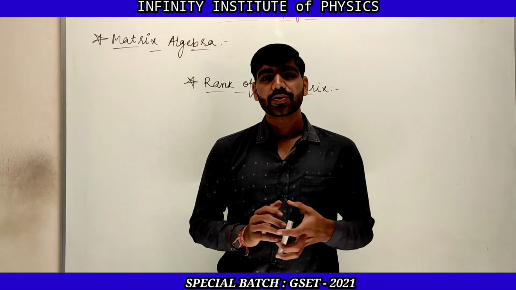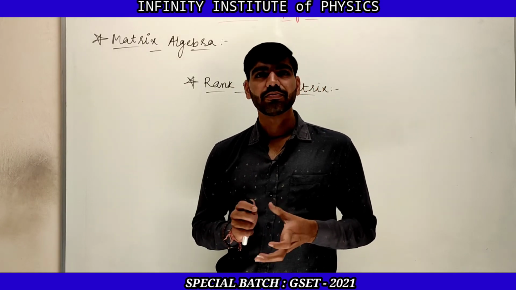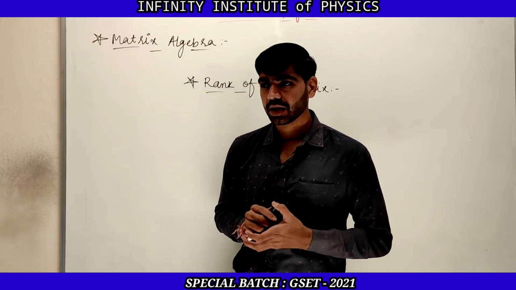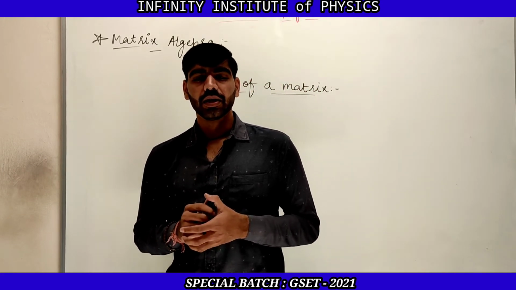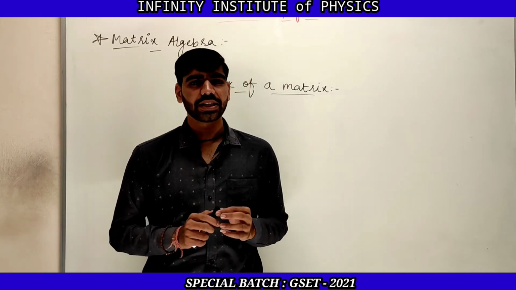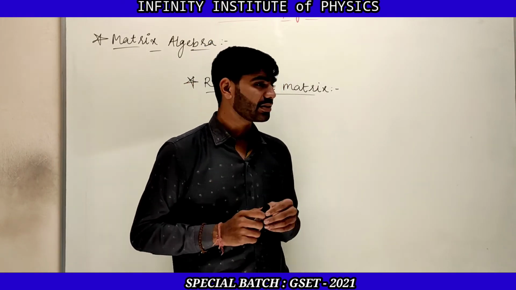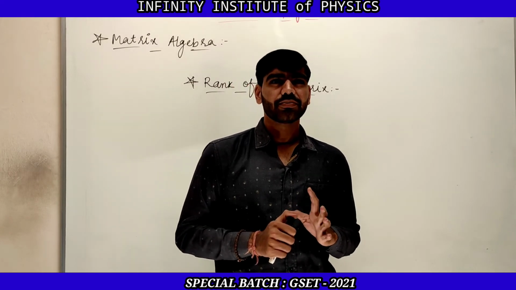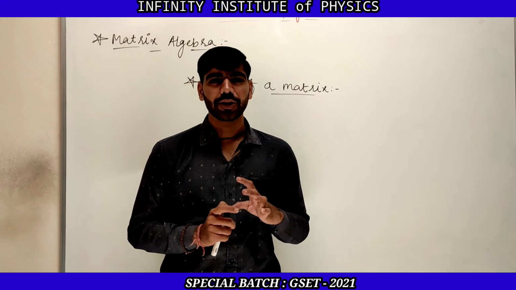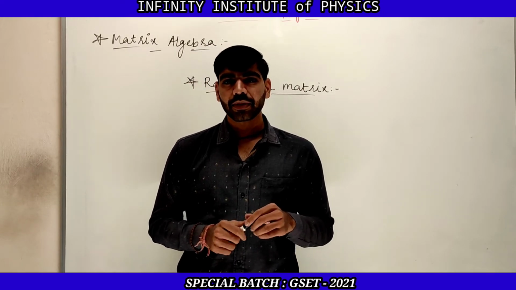But that is too lengthy a process. It will take 1 or 2 pages to find a row echelon form or reduced row echelon form. So I am just giving you one hint related to finding the rank of matrix, and I think you might get maximum 3 by 3 or 2 by 2 matrix to find the rank.